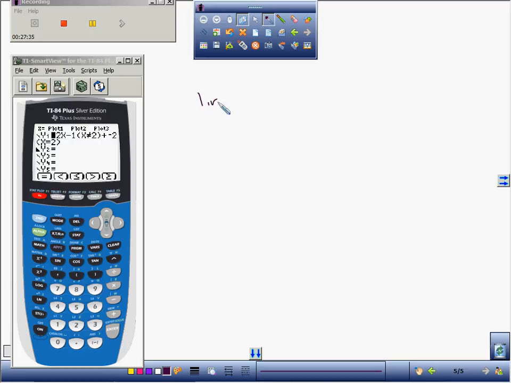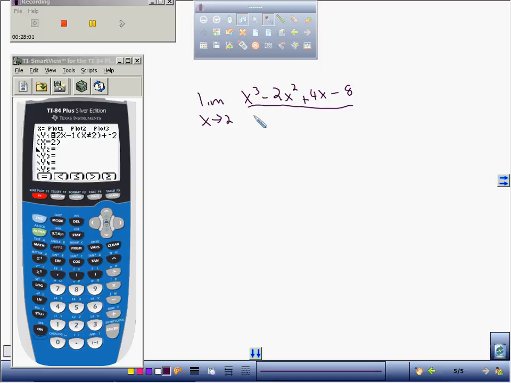Find the limit as x goes to 2 of x cubed minus 2x squared plus 4x minus 8 over x to the 4th minus 2x cubed plus x minus 2.